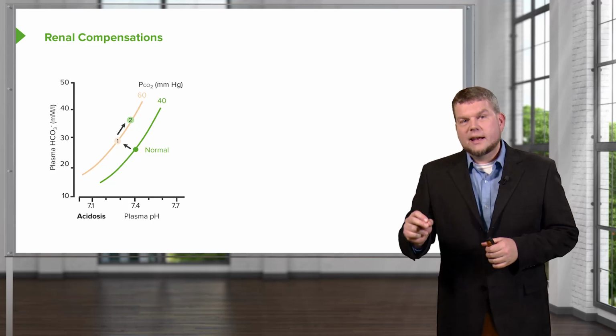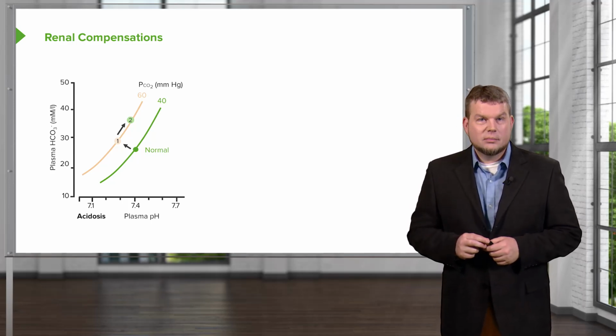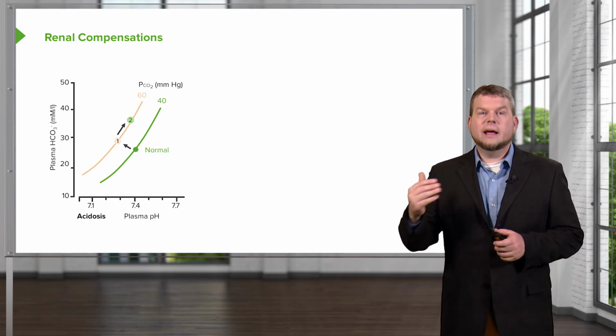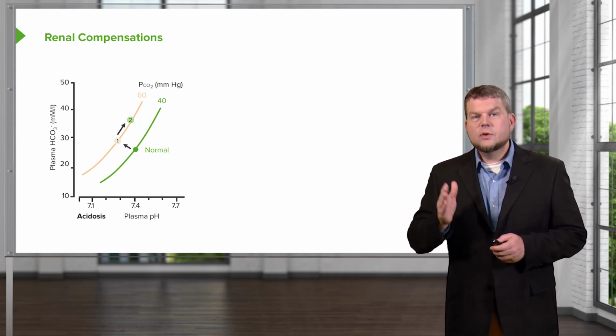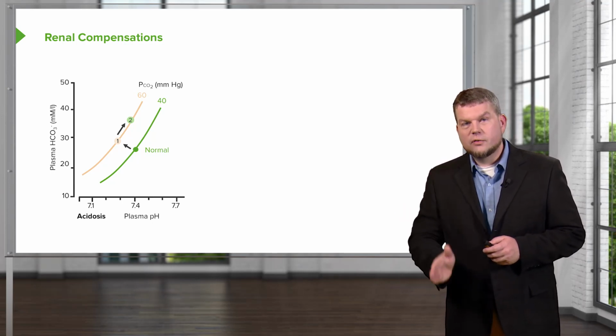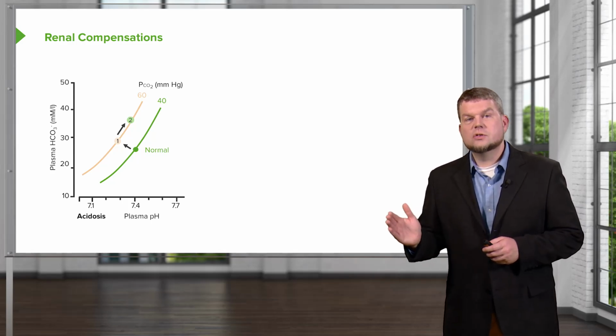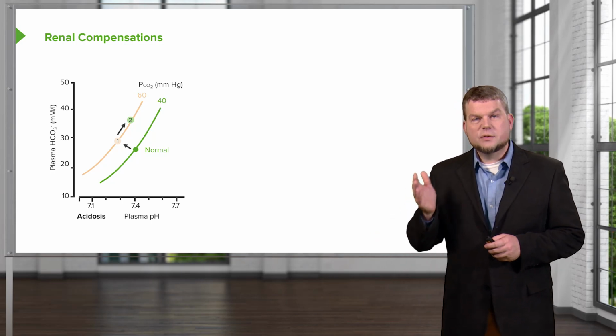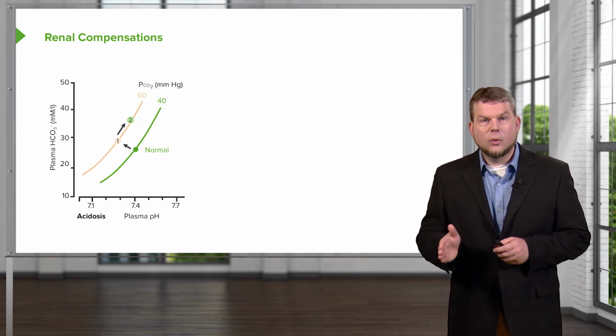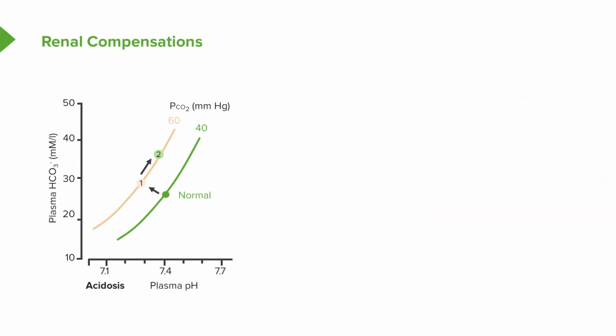This dramatically increases bicarb. Not just a little bit, but a dramatic increase. If you take point number 2 and drop a vertical line down, you will notice that pH is now returning towards normal. So if you started off with a lower pH, now you're moving back closer to 7.4 again.